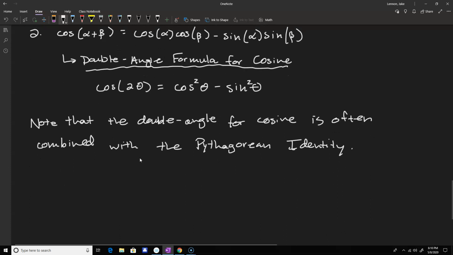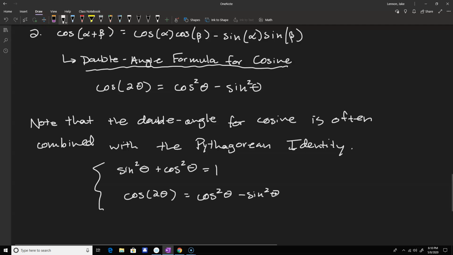So if you think about putting both of these right next to each other, on the one hand we would have sine squared theta plus cosine squared theta equals 1, and on the other hand we would have cosine of 2 theta is equal to cosine squared theta minus sine squared theta.